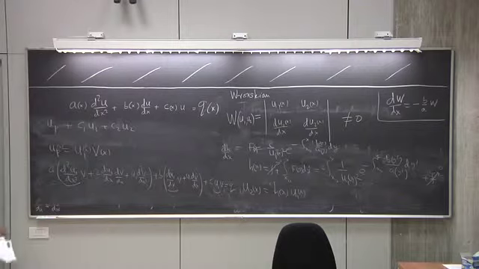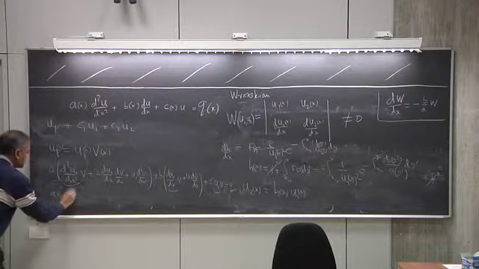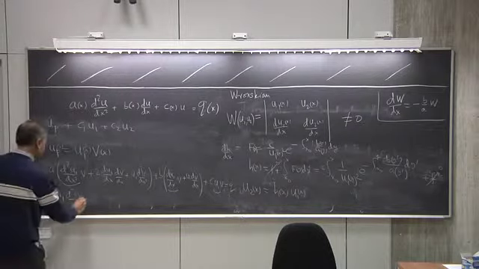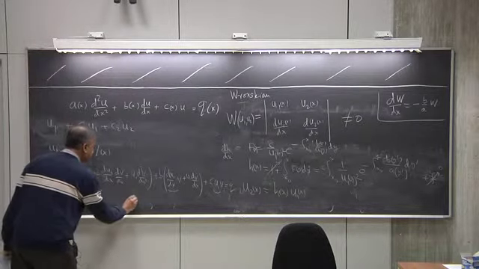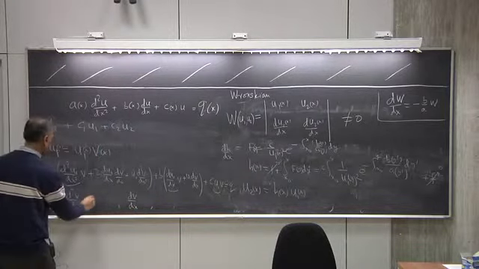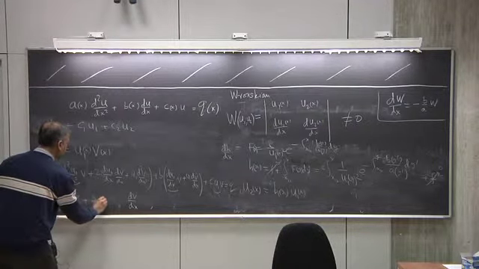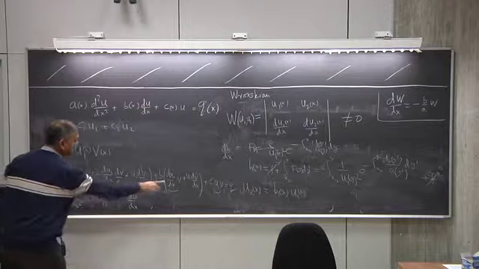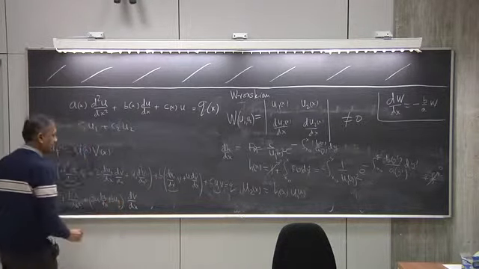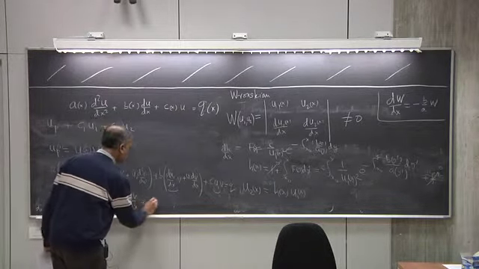So you are left with an equation which is a u1 d2v by dx2 plus the term with dv by dx, which is 2a du1 by dx plus b u1, and that's it, equal to q.